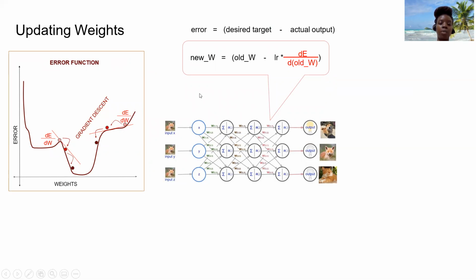Now, how do we update the weights? We use this formula to get the new weights, because if we calculate all the errors and get the final error, it is going to be hard for us to update each weight according to the final value of the error.